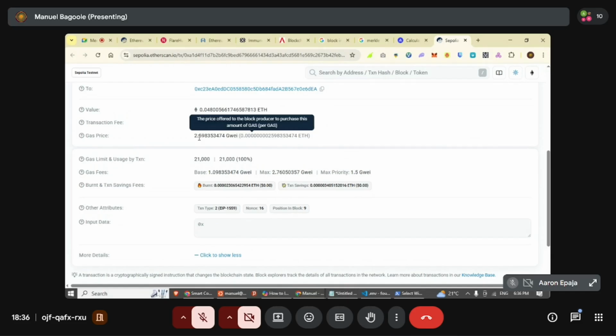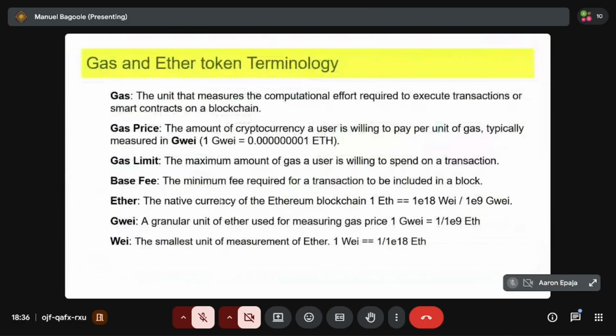And you can see gas price keeps changing based on the network activity and a number of other parameters. So yes, that's the difference between gas price, gas limit, and gas fees. I hope there is clarity up to this point. If someone has any questions, you can raise your hand and go through it in detail. Perhaps something I didn't clarify.